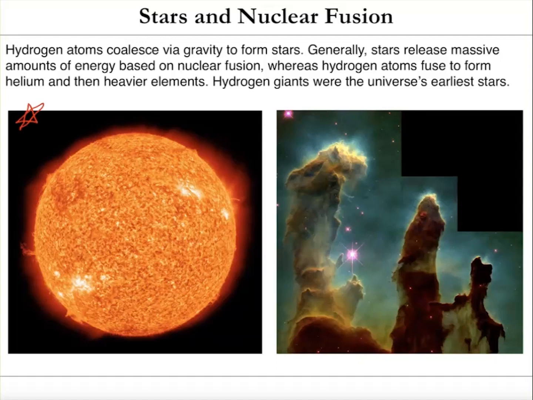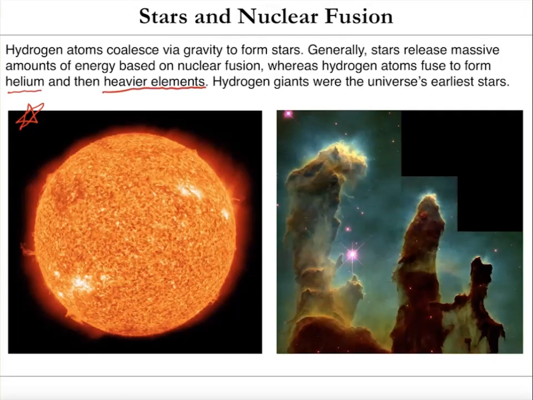The gravity is so strong in these stars that the hydrogen nuclei will actually fuse to form helium, which we just saw in the last slide. Then more hydrogen can fuse with helium, and helium can fuse via nuclear fusion to form heavier elements.